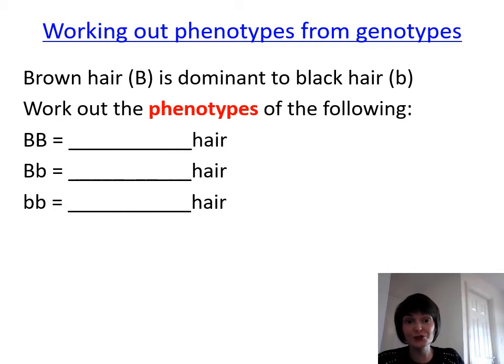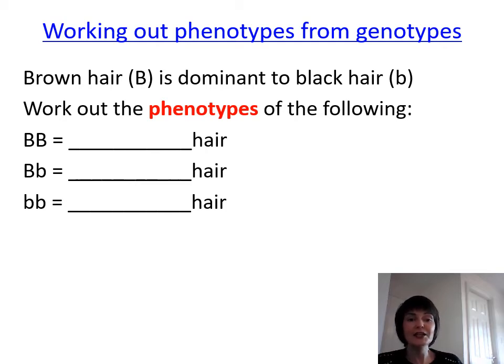Now I have asked you to work out what the phenotype would be. So if I had big B, what would be the phenotype for hair? That's right, you would have brown hair because big B is dominant to wee b, which is black hair. So I've got two big Bs, so I'm going to have brown hair.